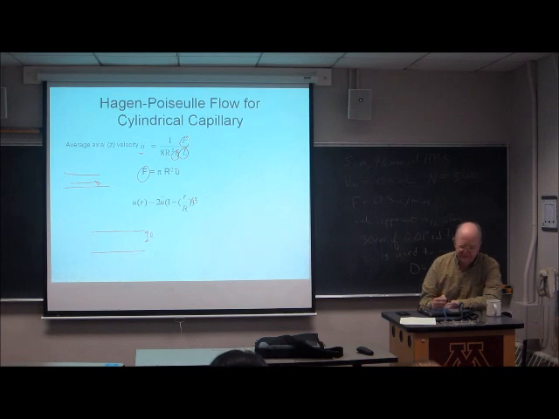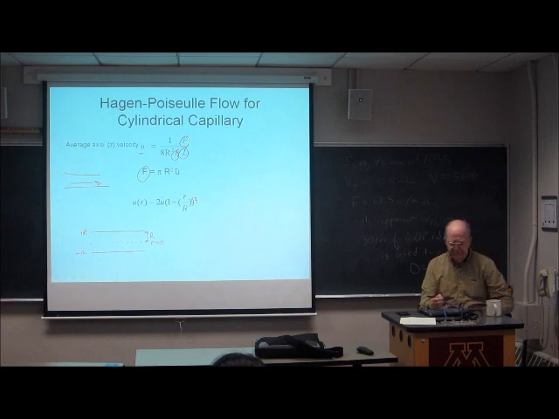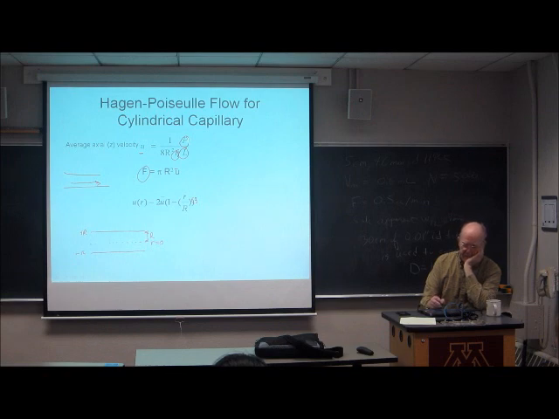That's the radius of the tube. So this is plus r, and this is minus r. And then right in the middle of the tube, we have r is equal to 0. But if we set little r equal to big R, we get a 1. 1 squared is 1.